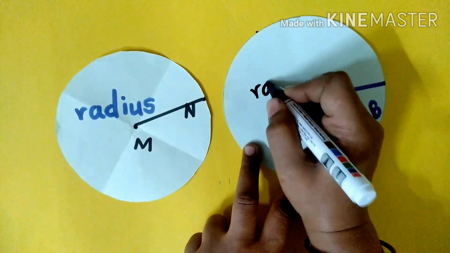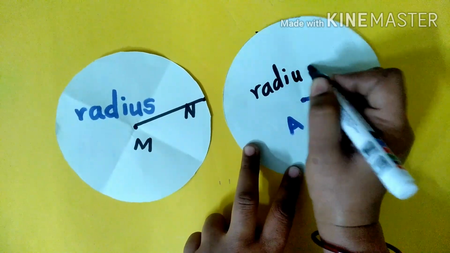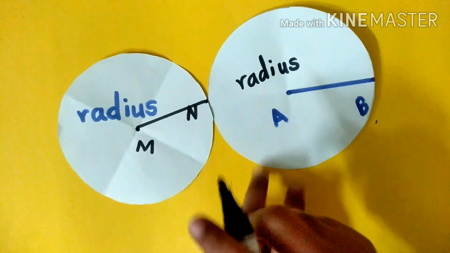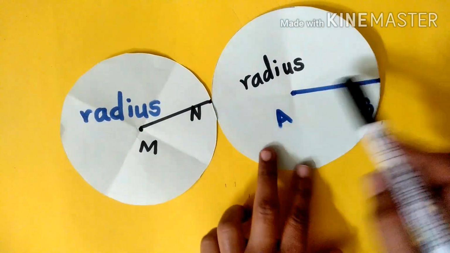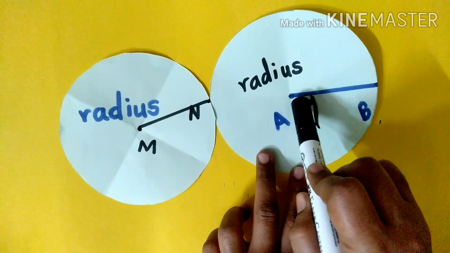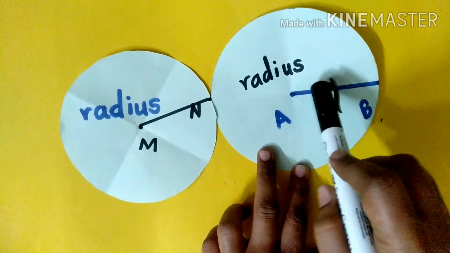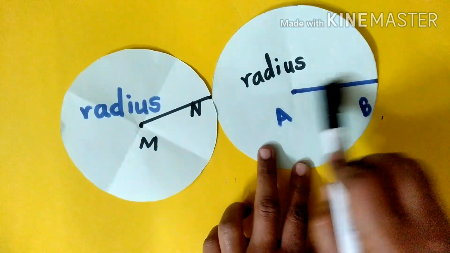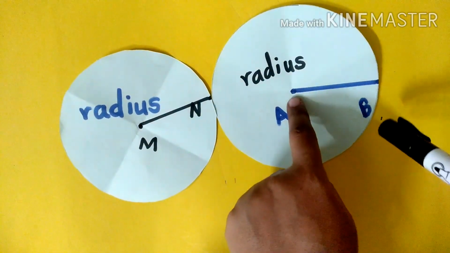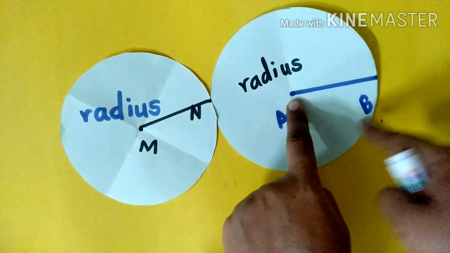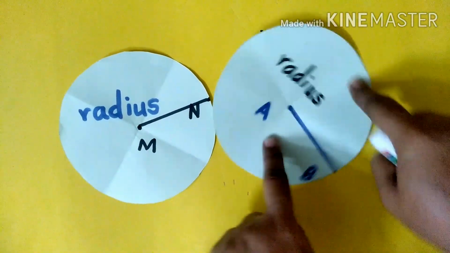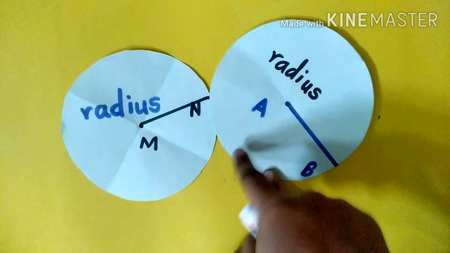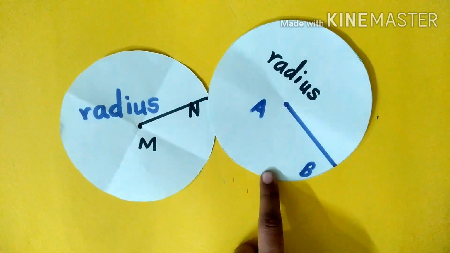Radius means a line which starts from the center of the circle till the edge of the circle. If we draw all these lines from center to edge of the circle, all these lines are radii of the circle.